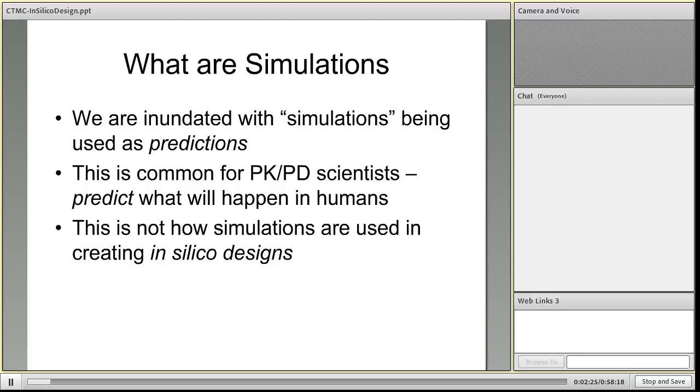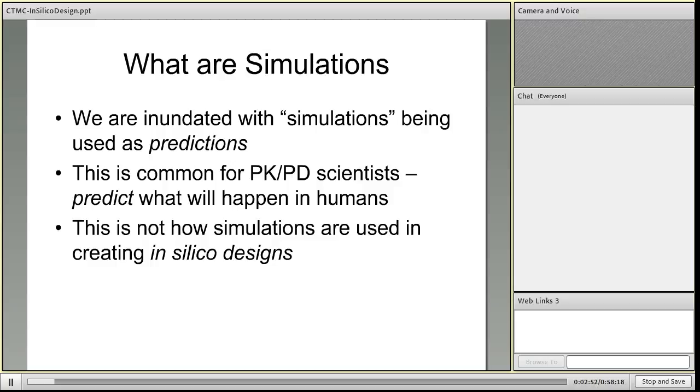So in clinical trials, we do see this. We see PK/PD scientists who are predicting what will happen when a drug goes into the body. Maybe they have a compartmental model which describes how it goes through, what will happen. Oh, this dose will create this effect. And it's a very important role, and it's fairly common. And again, they refer to these as simulations.